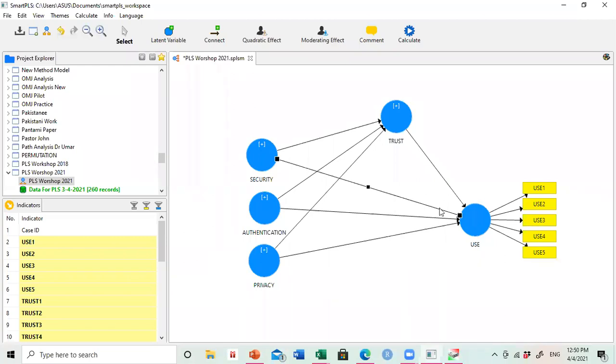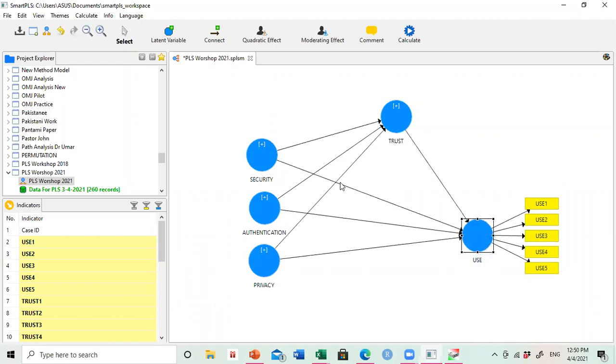So in this case, if we leave it like this, we are following Baron and Kenny, the causal step approach. We test this one, we also test this one, we also test this one. This is how we put our hypothesis. But if we don't do it this way, we remove. So we are using two approaches for such models.